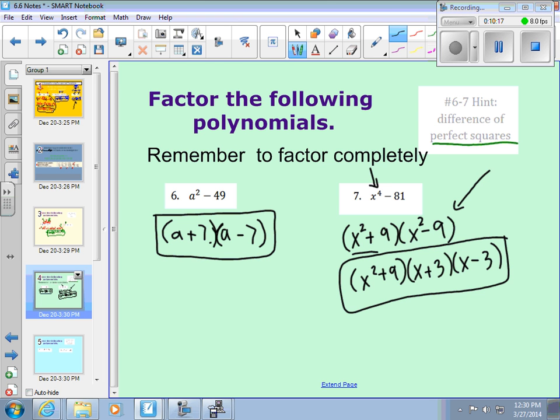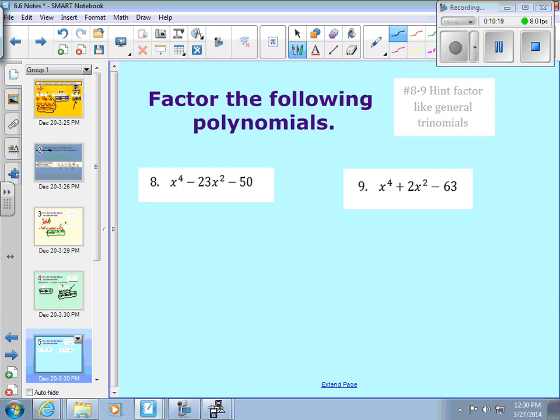All right, let's try the next one out. On these next ones, they want us to factor, and these ones are some of these quadratic ones, but notice it's not x squared, it's x to the fourth. So what do we do if we got this?